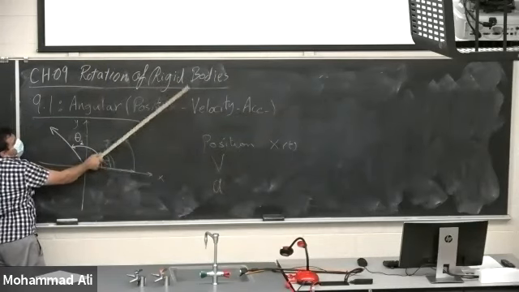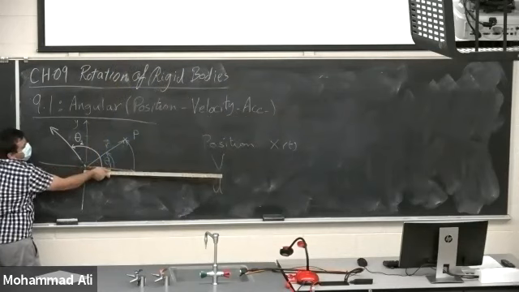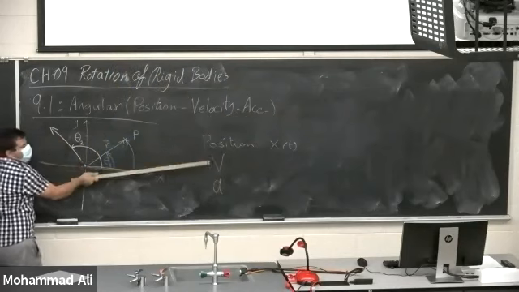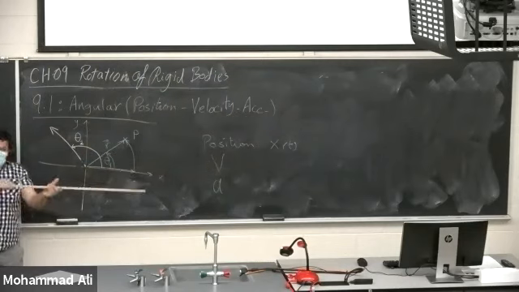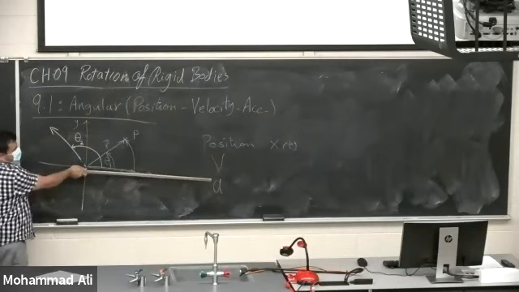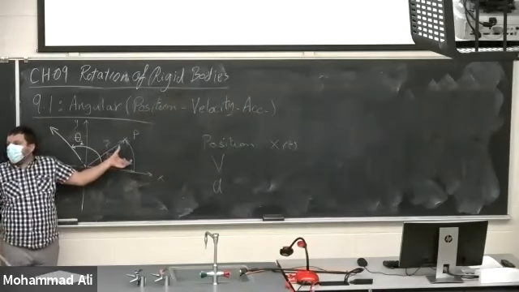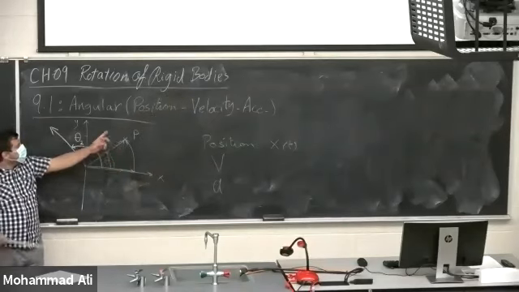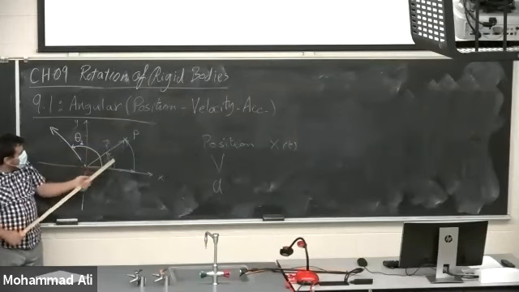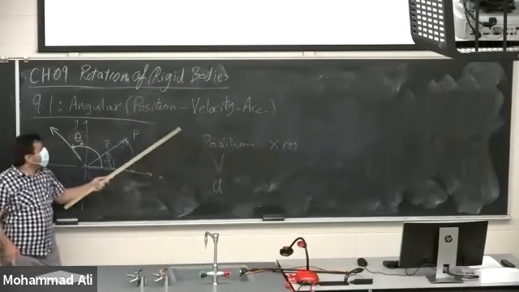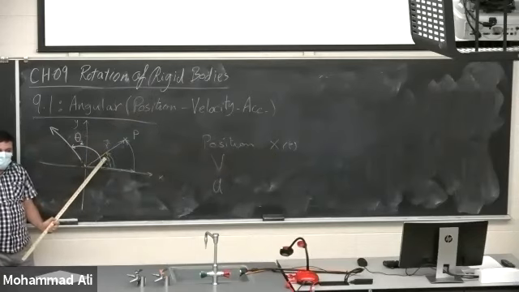Sometimes I can be slow. Sometimes I can be accelerating or decelerating. Then now theta tells me the angular position. The angular position is not x now. It is not linear position. It is angular position. I use theta.